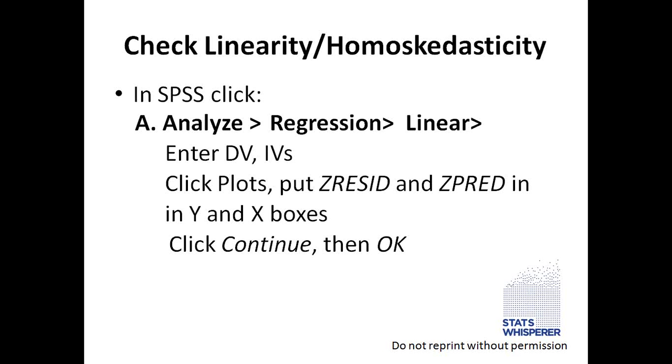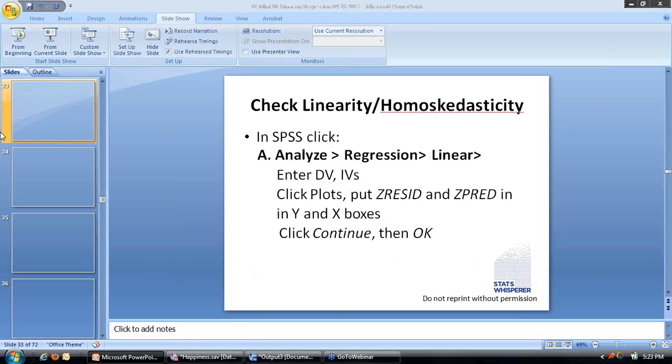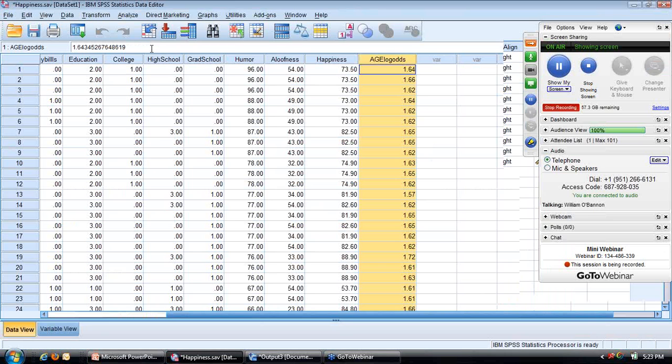Under Plots, we go to the Y and X boxes and enter Z-resid and Z-pred, then click Continue and OK. In the scatter plot that comes out, we can see the linearity and homoscedasticity. So let's take a quick look at that in SPSS.